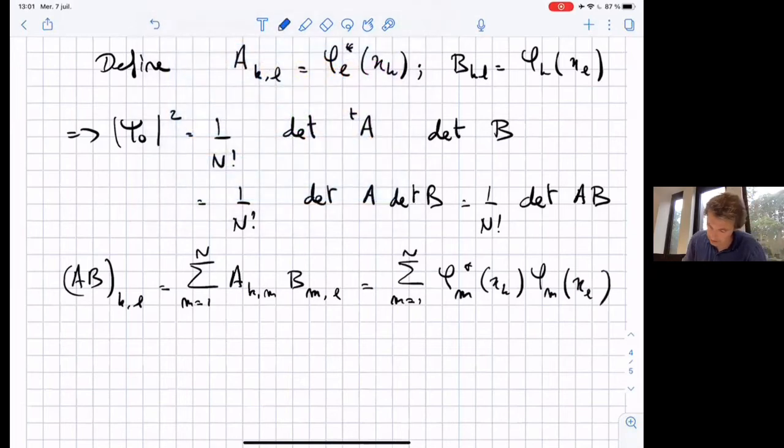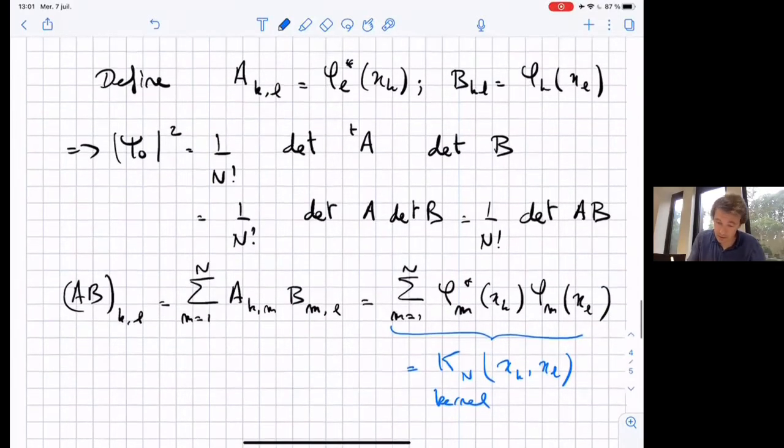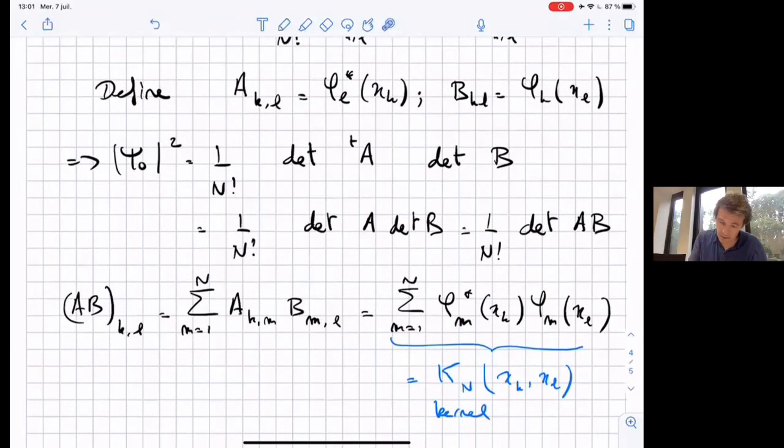At this stage it looks a bit formal, but you will see how useful it is. So that's what we call the kernel. It's nice already to see that, in fact, the psi_0 squared has a simple determinantal expression.